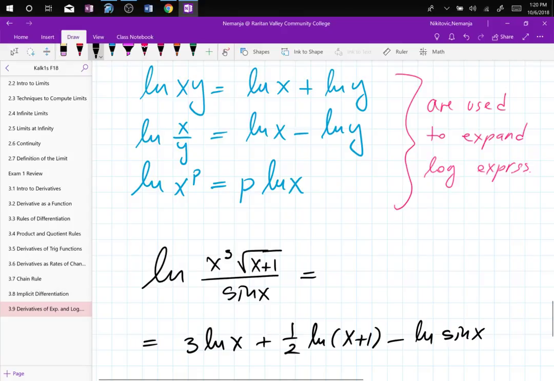So chapter 3, I think it's section 3.3 or 3.4, can't remember. It's been a year. So it's one of those two sections. You need to know how to expand logarithmic functions.